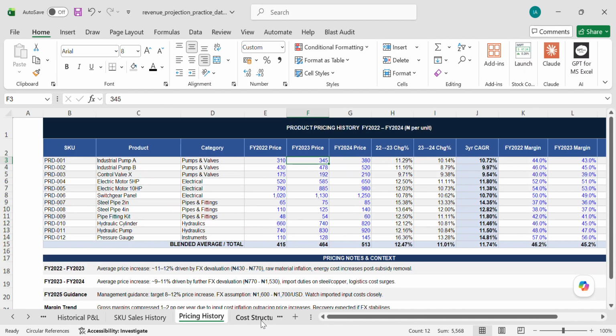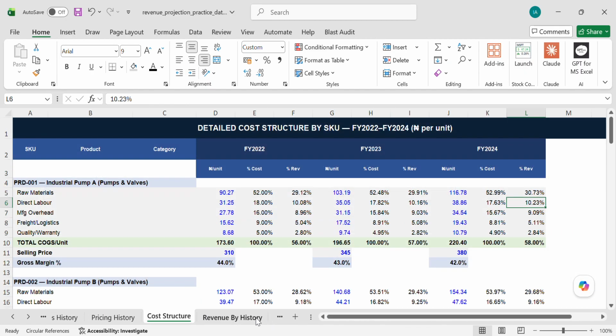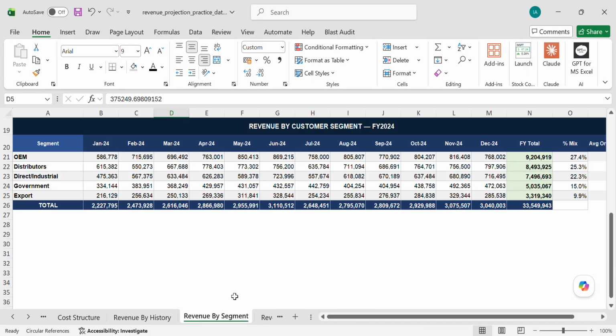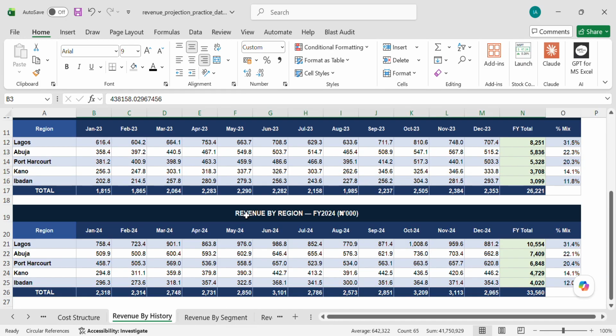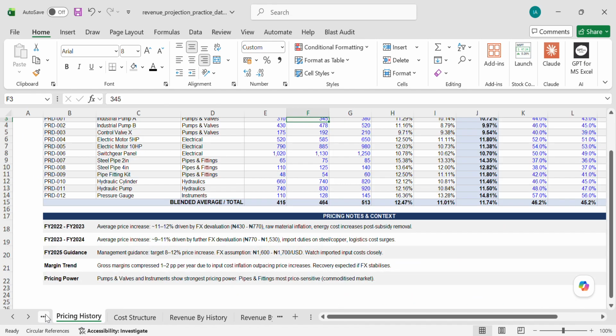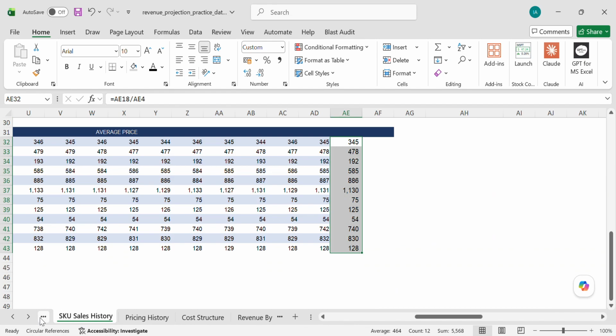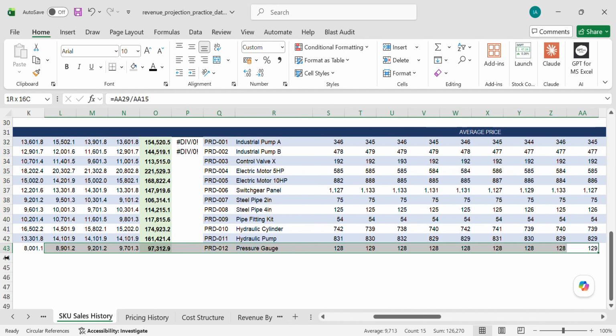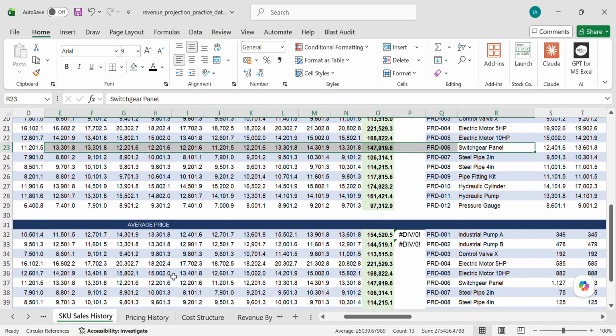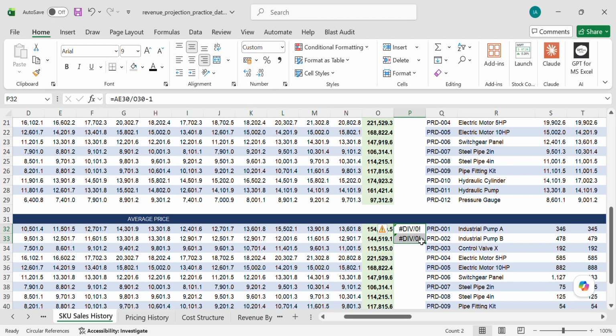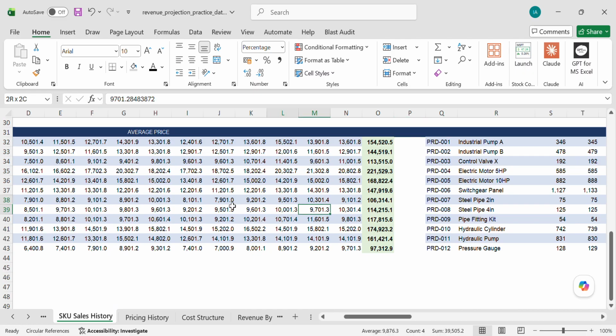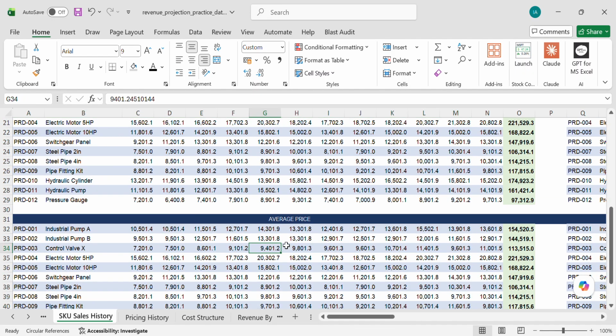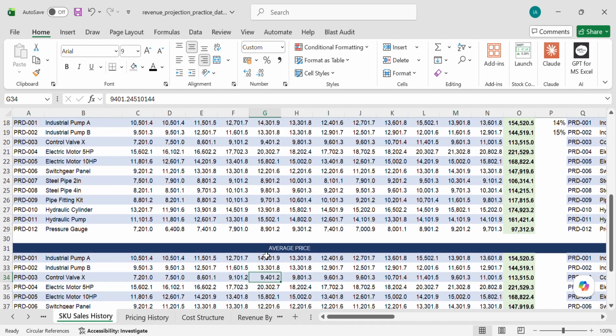So, let's see, where are we? Okay, so this is the history, cost structure, before the price, historic. Yeah, this is it. So now we have the average price. You can also do the same thing for SKU.